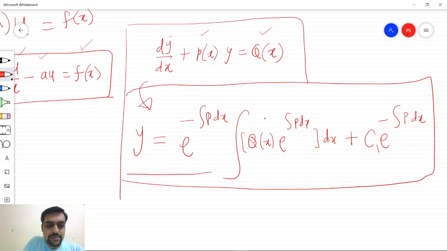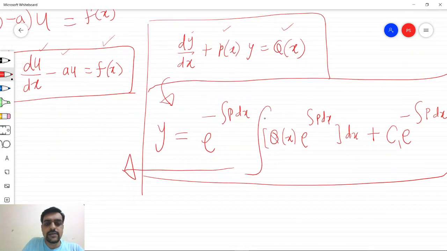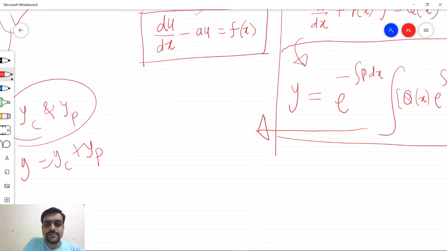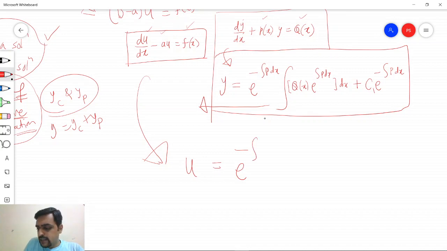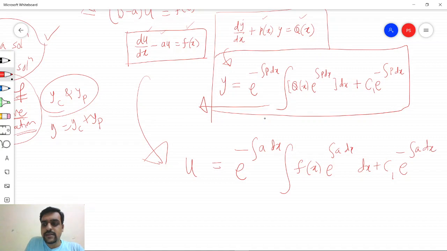So let us apply this formula in our case. In our case, this will be u equal to e raised to minus integral a dx, integral f of x e raised to integral a dx, plus c1 e raised to minus integral a dx.